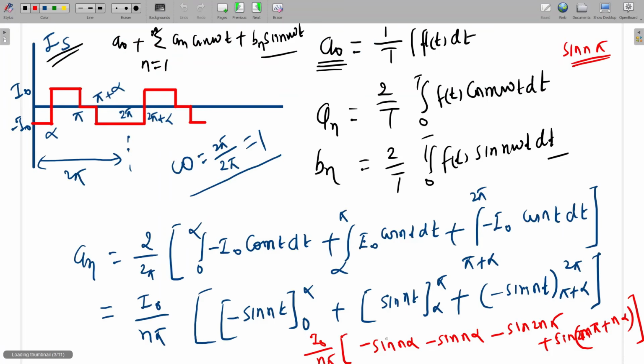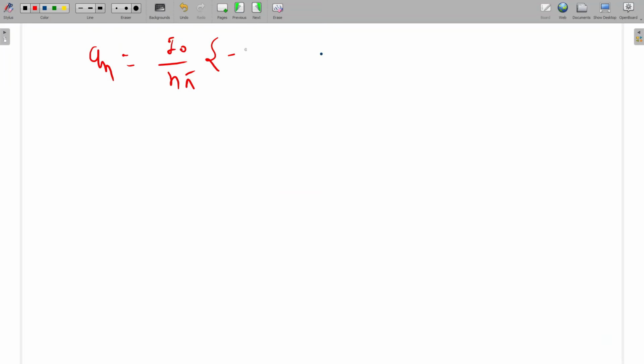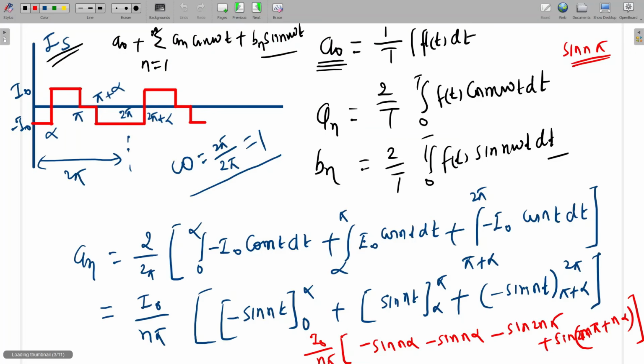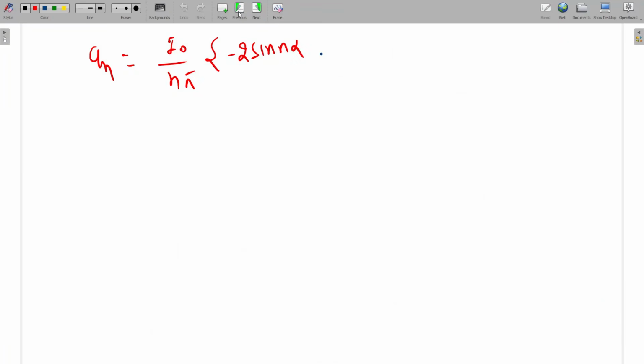So here two are there, minus sine n alpha minus sine n pi, so we can write as minus 2 sine n alpha. What is the third value? Sine n pi plus n alpha. This is plus or minus? This is plus. Plus sine n pi plus n alpha. Okay. So what will be the value if n is equal to 1, 3, 5?